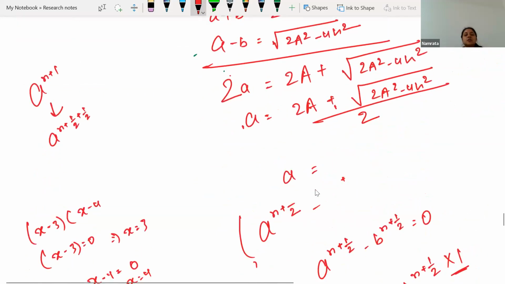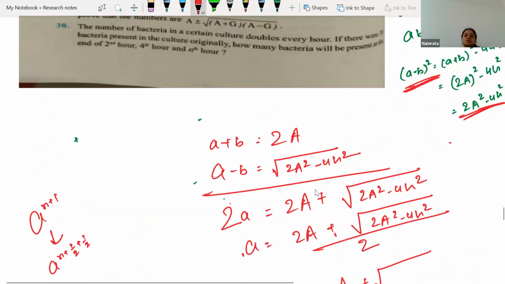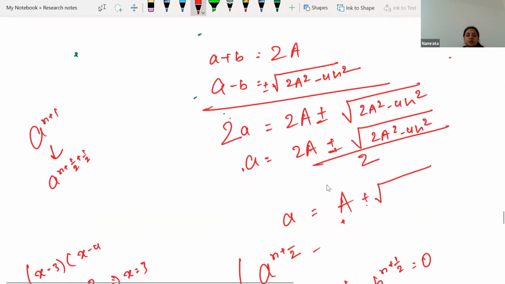So a value we will get A plus minus root, because we have taken a square root. Taking out 2 common is not possible.